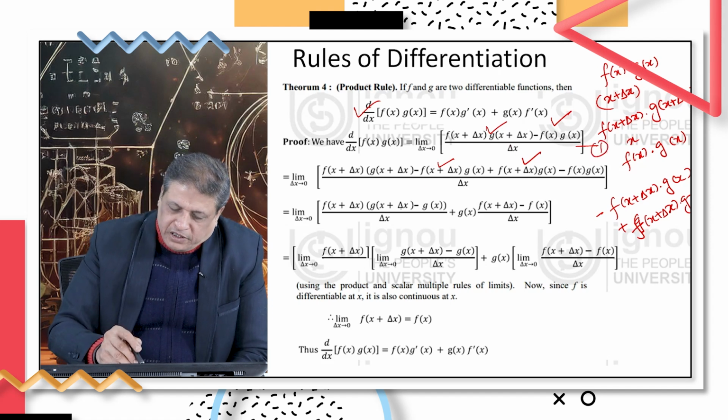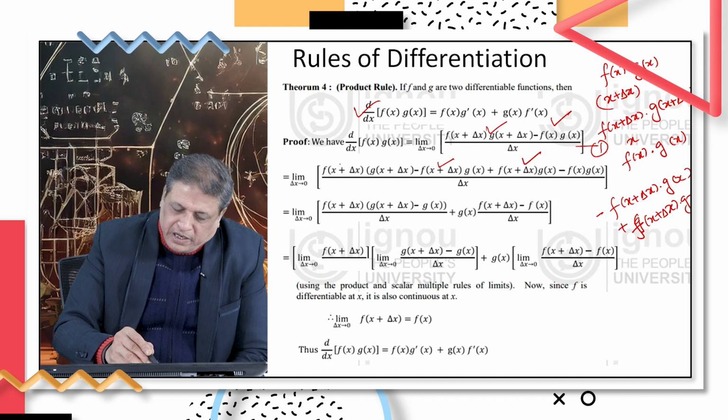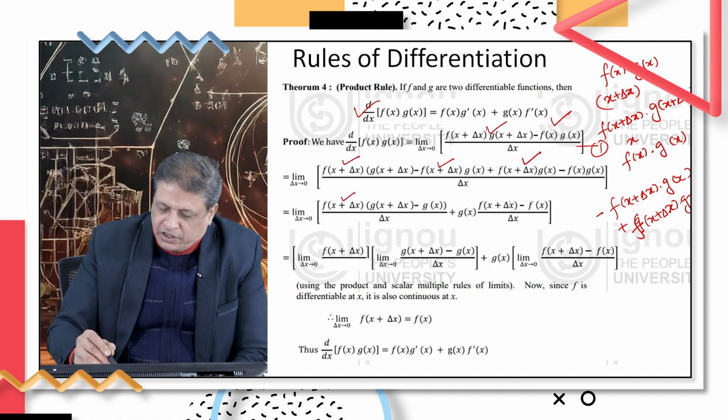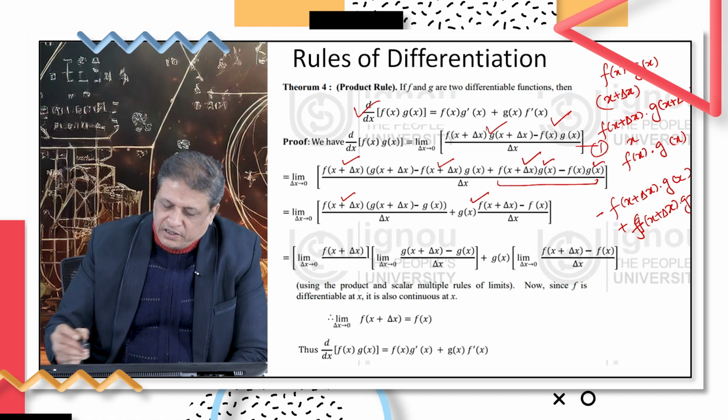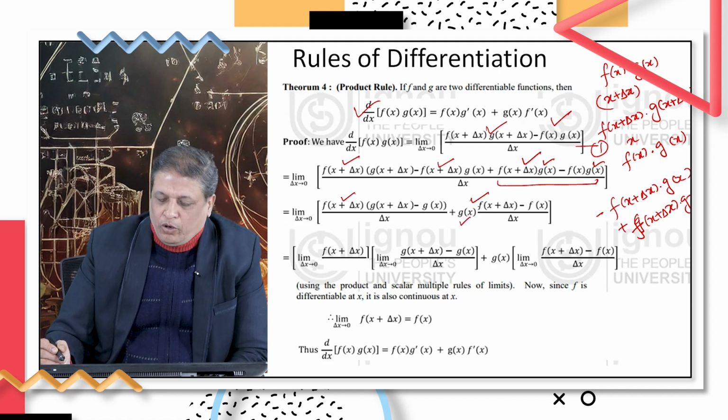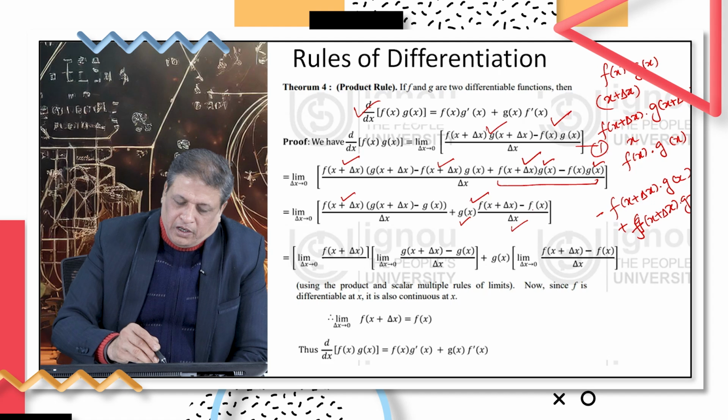Taking f(x plus delta x) common from the first two terms and g(x) common from the next two terms, it solves to f(x plus delta x) into g(x plus delta x) minus g(x) upon delta x. And because g(x) is taken as common, the remaining term is f(x plus delta x) minus f(x) upon delta x.